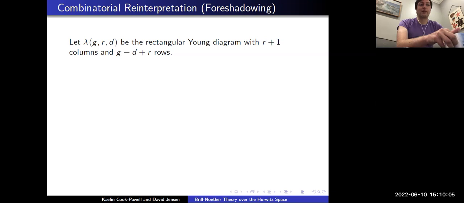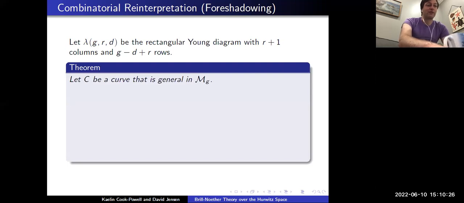So I want to think about a certain partition, or a certain Young diagram, which is just a rectangle with R plus 1 columns and G minus D plus R rows, right? So the total number of boxes in this Young diagram is R plus 1 times G minus D plus R. Then the Brill-Noether theorem can be restated like this.